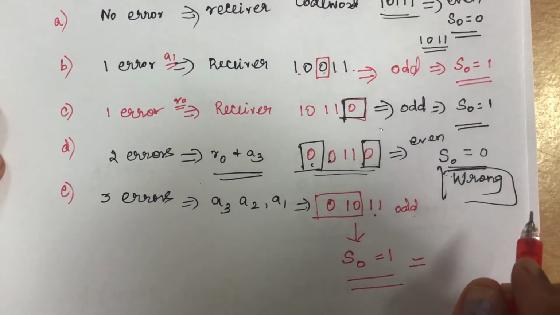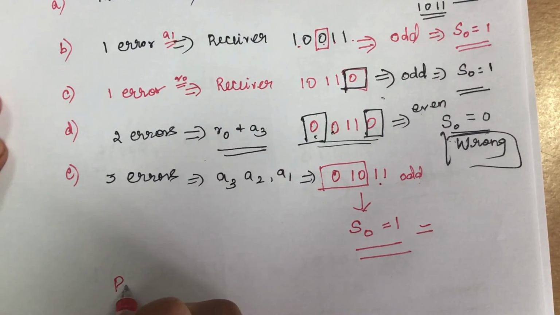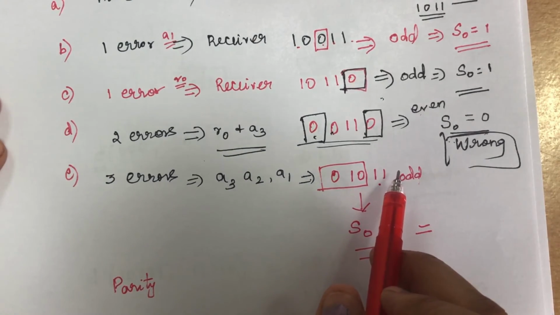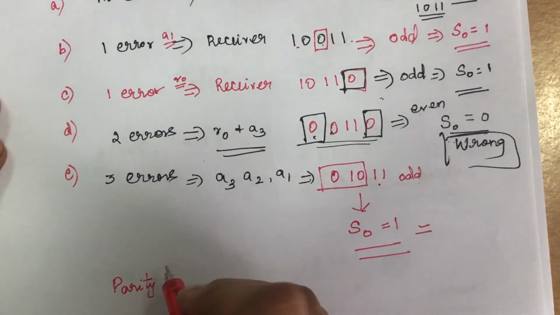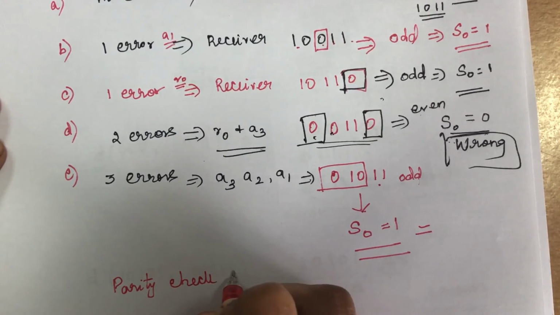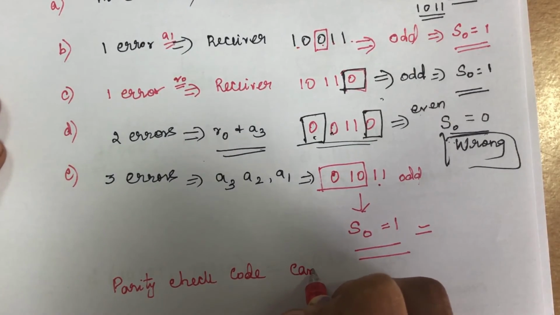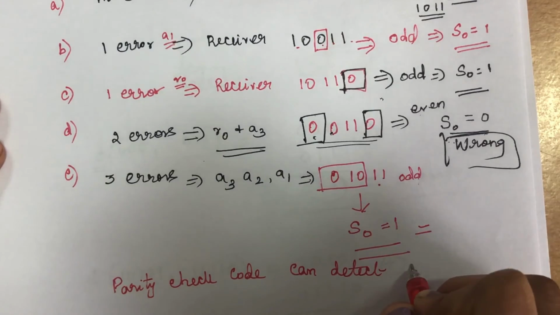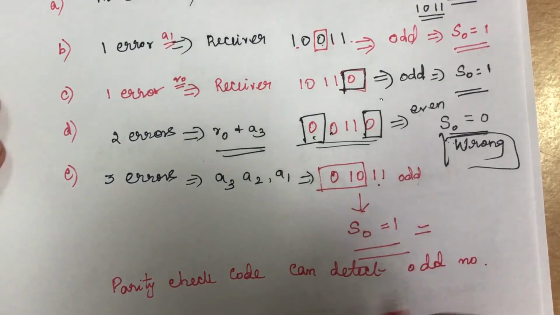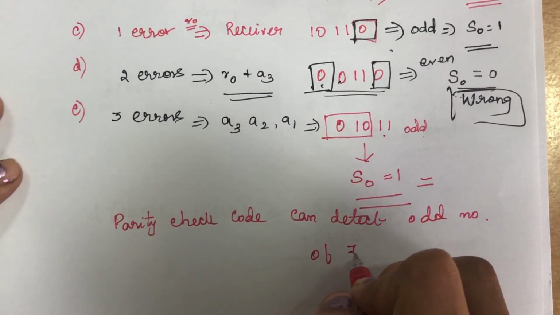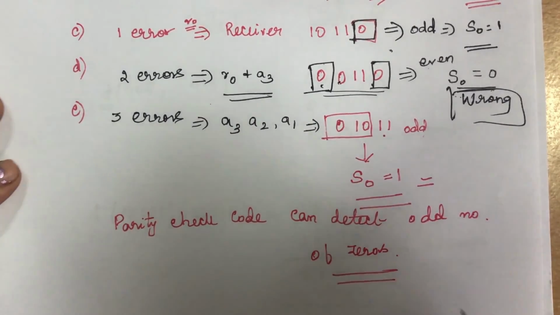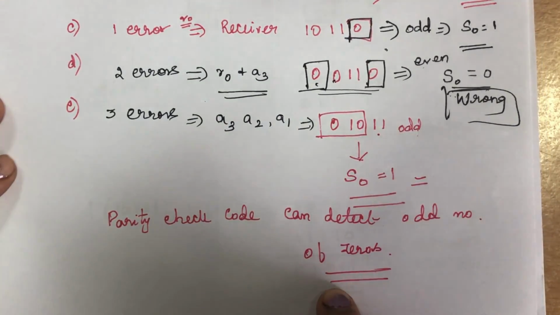So the problem in the parity check code is that it can detect only an odd number of errors. Suppose we have an even number of errors; it will mistakenly think that the word is correct, extract the data word, and send it to the receiver.